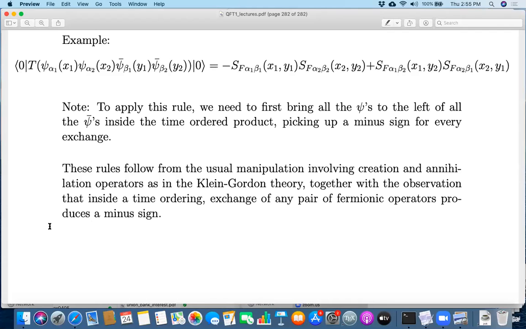Are there other questions? So basically, this will be the end of what I'll discuss about free Dirac theory. And next time, what we're going to do is to put together electromagnetism and the Dirac theory.